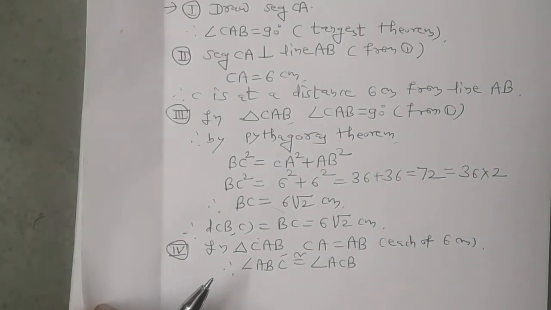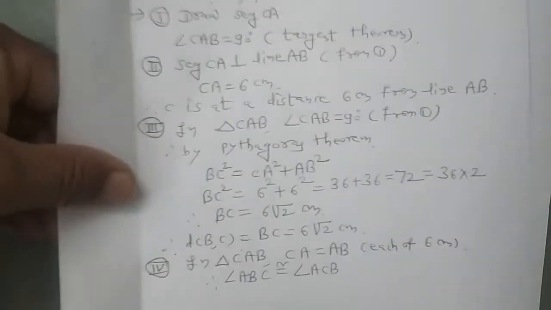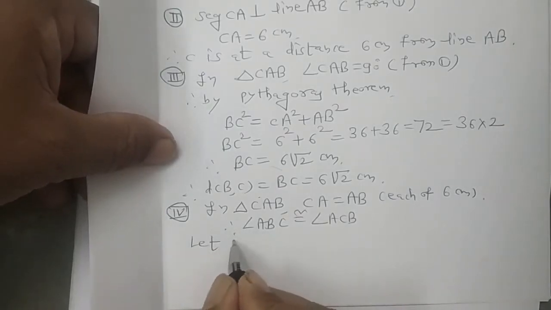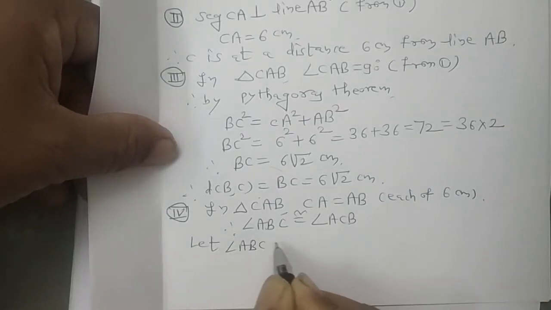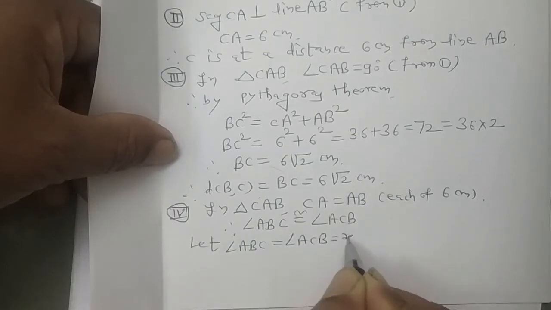These two are congruent angles. Now we consider, let angle ABC is equal to angle ACB is equal to x degree.